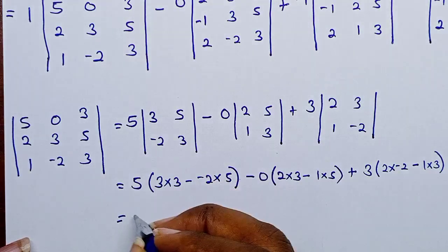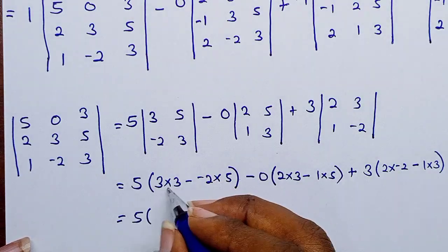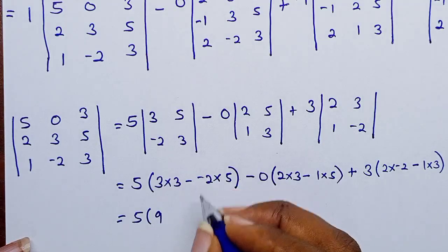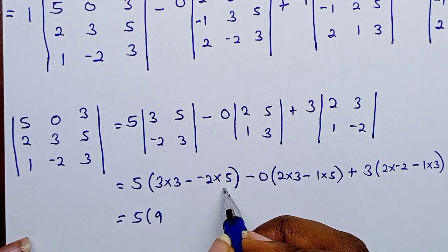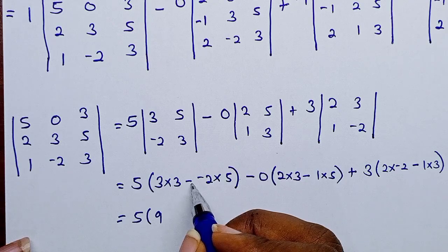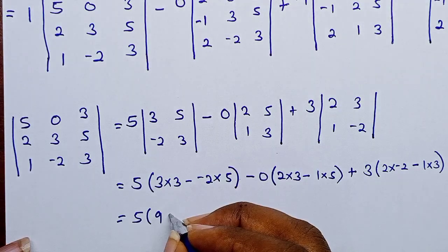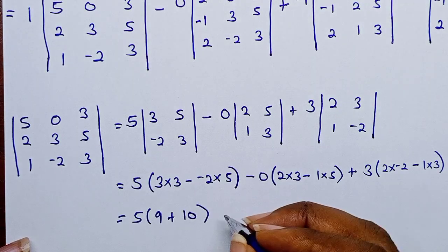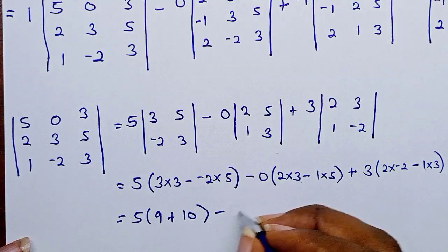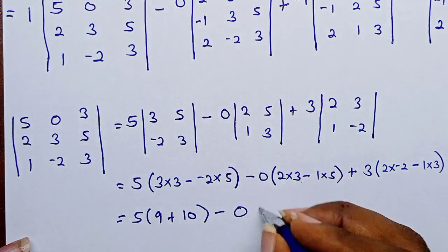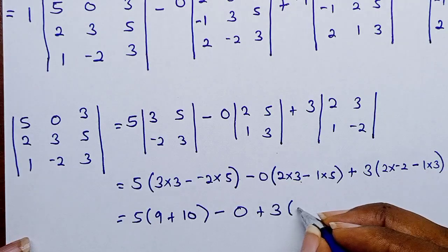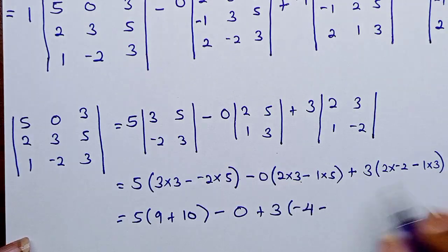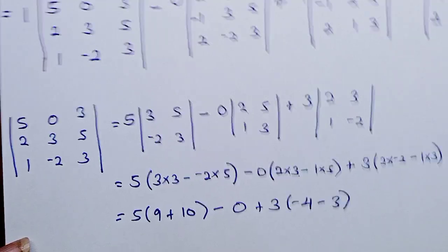This is equal to 5 into, this is 9, and minus 2 times 5 is -10. Negative times negative is positive, so it's plus 10. Then this multiplies to 0. Then plus 3 times, 2 times negative 2 is negative 4, minus 1 times 3 is 3.